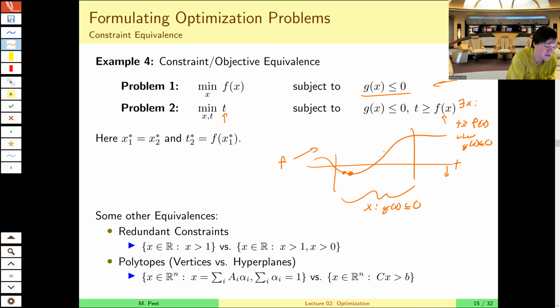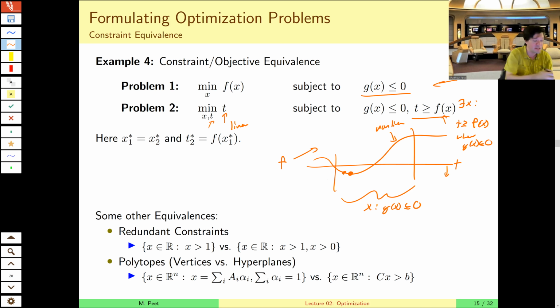This is not a linear function, and this is linear. So by introducing a single other decision variable and then adding an additional constraint, this illustrates some ambiguity in the differences between objective function and constraint.